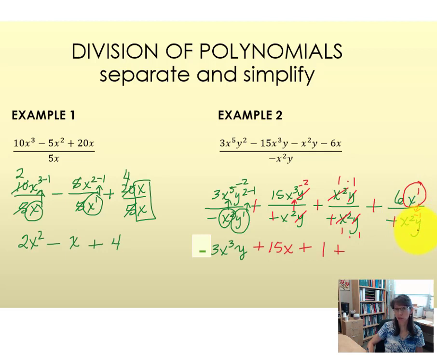We only have 1 base of y, and it's already positive in the denominator, so this last term will actually be a fraction. 6 will remain in the numerator, but x, y are both collected in the denominator. So it might look a little bit odd, but this is the way it's written according to our exponent rules.